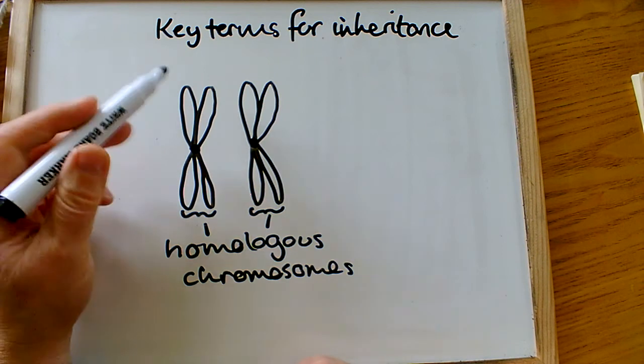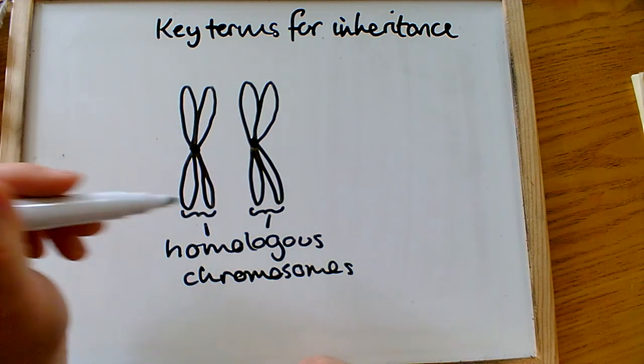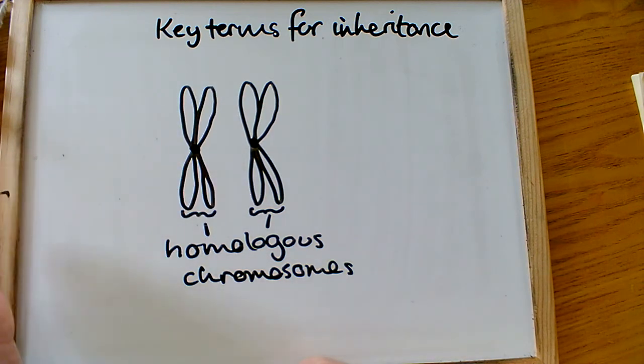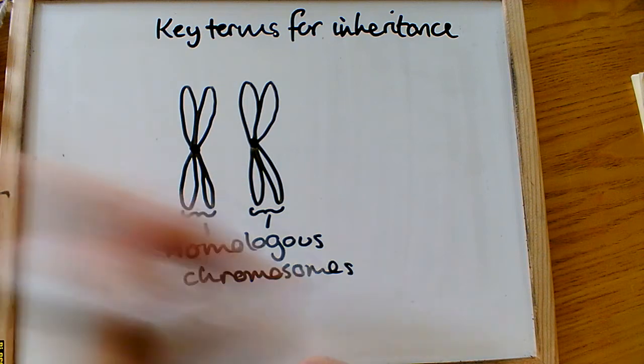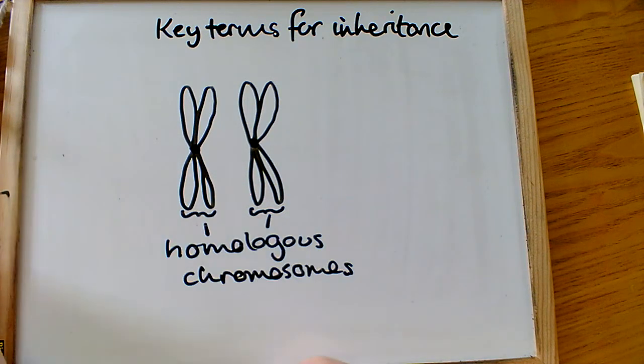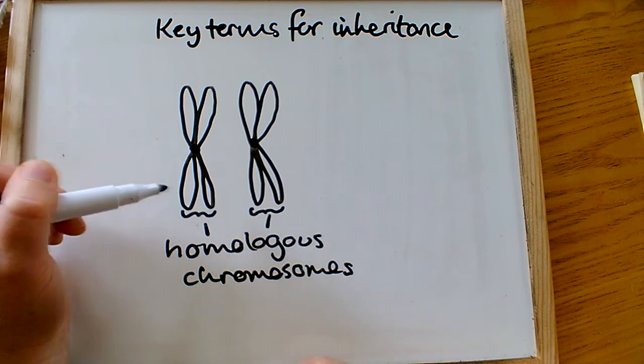It could be that this is the one you got from your mum and this is the one you got from your dad. We can see that at the stage they're at, they're coiled up and attached to their sister chromatids, so we know that at this point DNA replication must have taken place because we've got identical copies.